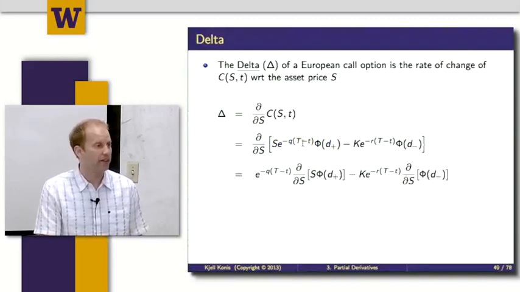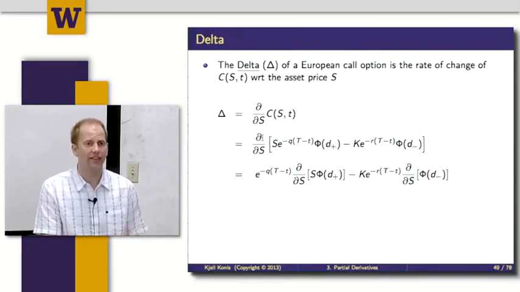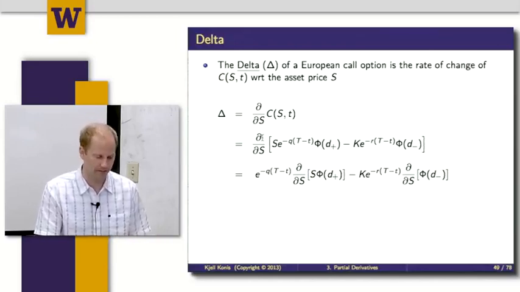In this one step, I'm also going to combine the scaling property. When I'm taking a partial derivative with respect to S, anything that isn't a function of S I can treat as a constant, and any constant I can move across the derivative operator.